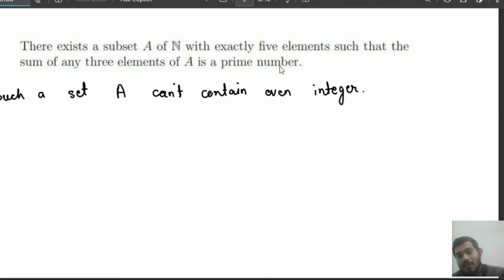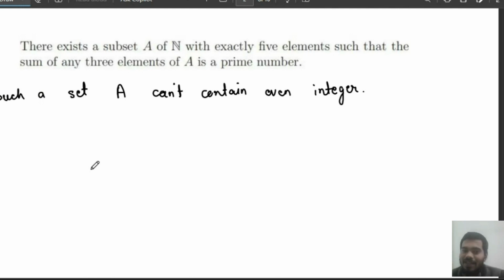Can somebody explain why? All primes are odd numbers except 2. No, I am not talking about the prime numbers. I'm talking about the elements of A. If we sum 2 odd numbers and then add an even number with it, we will get an even number. And it won't be prime.